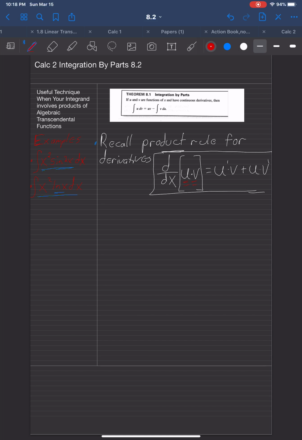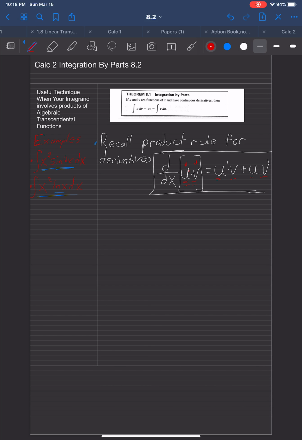This is a product. We have u, which is a function of x, so that's u of x. And v is also a function of x, so that's v of x. Taking a look to the right, this makes perfect sense. You would have u prime times v plus u times v prime. That is the product rule of derivatives.